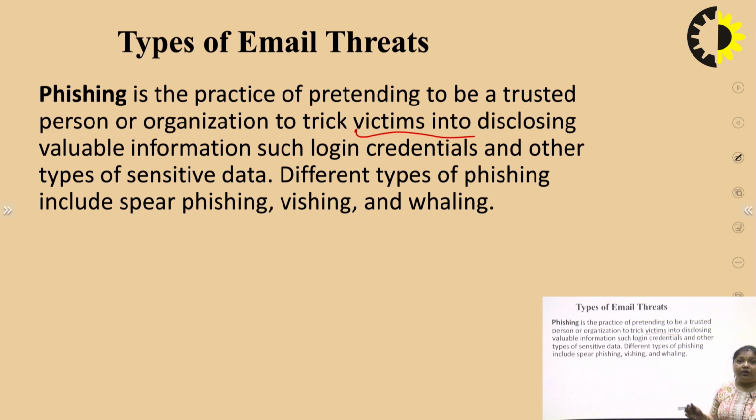So in phishing also, the hackers act as legitimate users, and users get the impression that they are legitimate, that they are the trusted ones, and once the user accepts that, they will provide their credentials or personal information. There are different types of phishing attacks like spear phishing, vishing, and whaling. These are all types of phishing attacks.